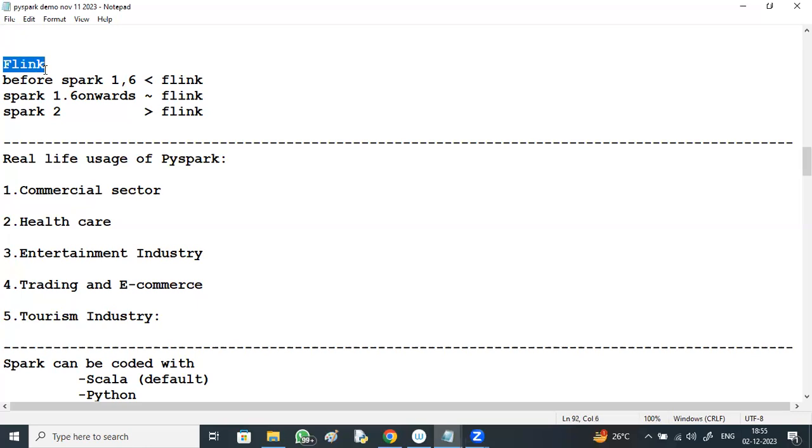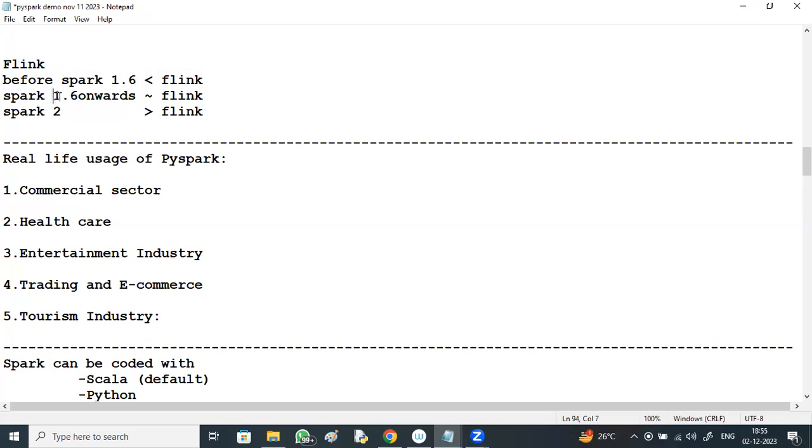Flink was dominating Spark in the initial versions, because Spark was weaker in data analytics, meaning machine learning. It had weaker libraries in the initial versions like 1.6. So Flink was dominating, and Spark was weaker than Flink.